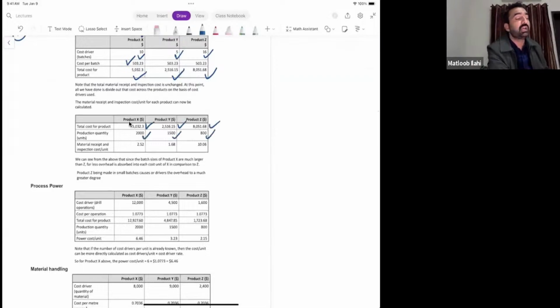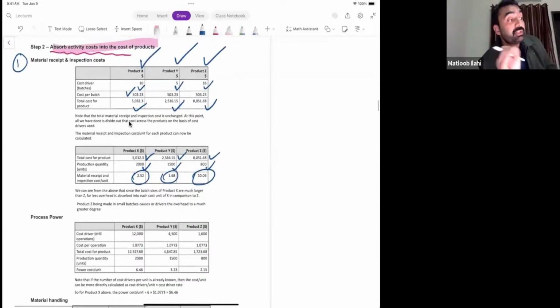When we divide by the number of units, the costs are 2.52, 1.68, and 10.06. This is the material receipt and inspection cost per unit of each product. Simple calculation. You just need to go through one and it will be okay.